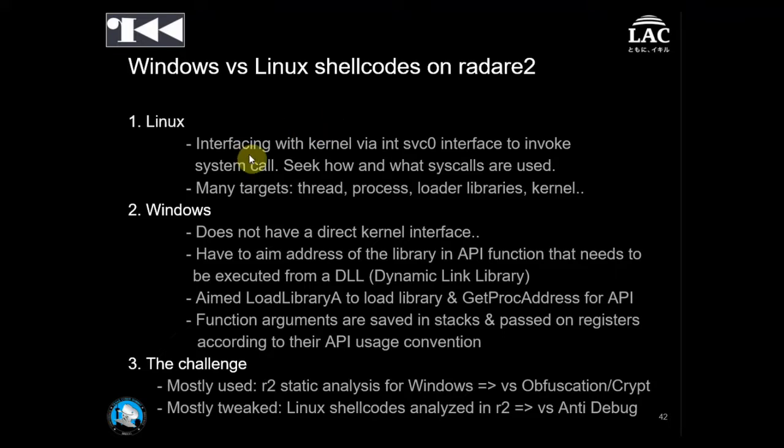In Linux, invoking a syscall can be easily spotted because it will trigger some kind of syscall wrapper or the interrupt that is needed to start the execution of the syscall or the service. And we need to know how to seek which syscalls are being used and so on.